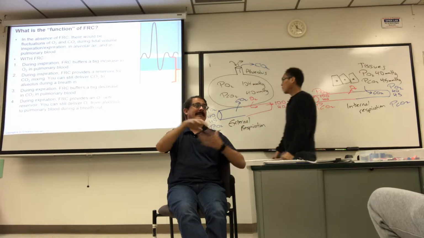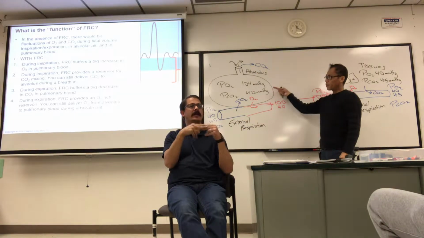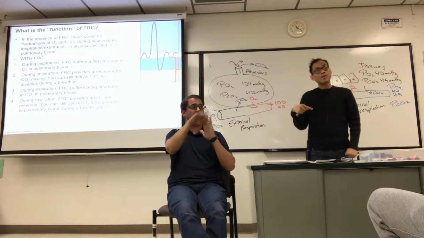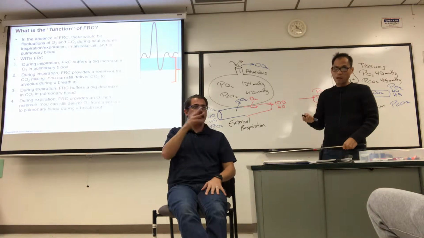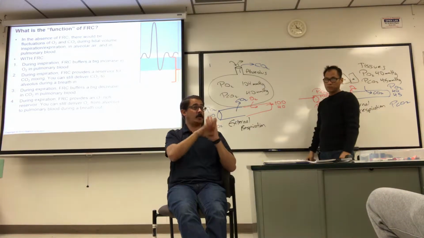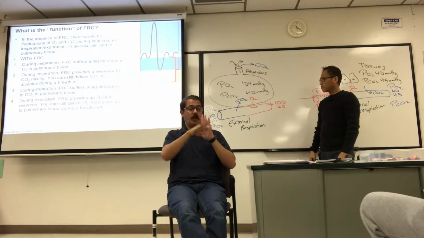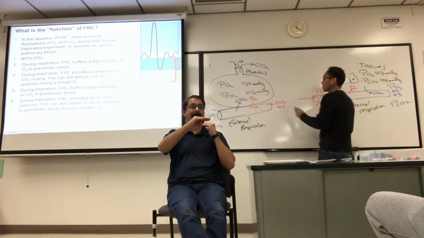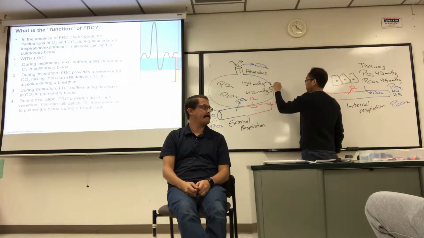The goal of this slide is to teach you how these numbers stay steady state. They don't fluctuate every time you take a breath in, every time you take a breath out. That would not be good. If these fluctuated, your blood gases would fluctuate, and that's not good for cell metabolism. They need steady state.